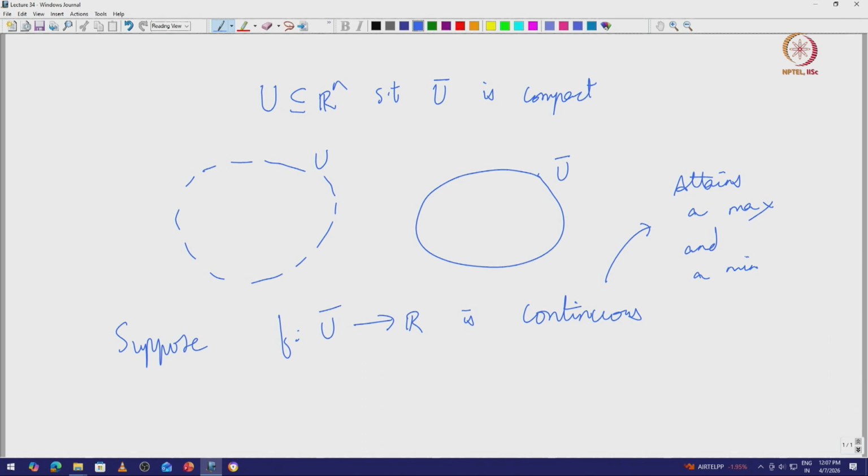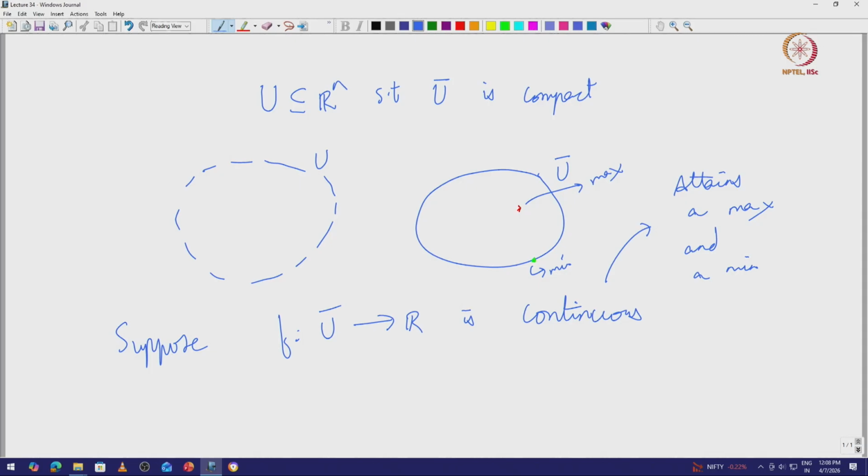That is, there is some point, instead of denoting it as x, I'll just probably use a different letter, where f assumes a maximum, and maybe let's use another color, this point where f attains a minimum. So f attains a minimum here and f attains a maximum here. There are two such points.